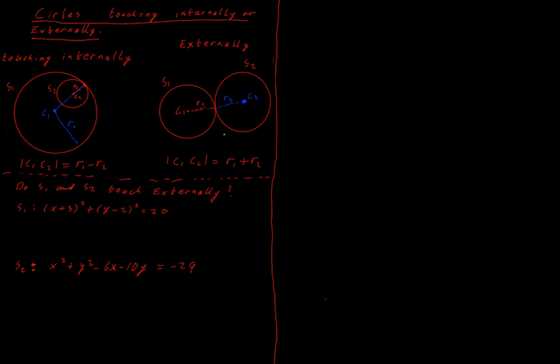The slightly easier to view situation is when they're touching externally. So again, to remind you, if they're touching, it means that they're only touching at one point. That means that there's a single point of contact, which means we'd get repeated roots if we were looking for our intersection, our common tangent.